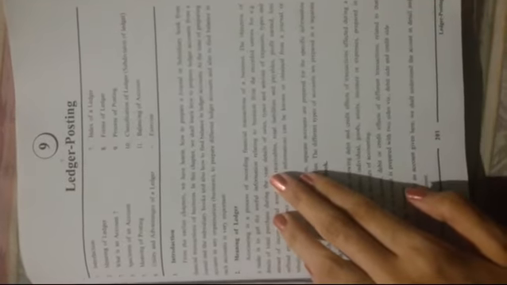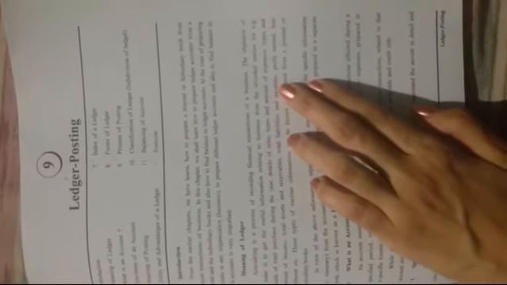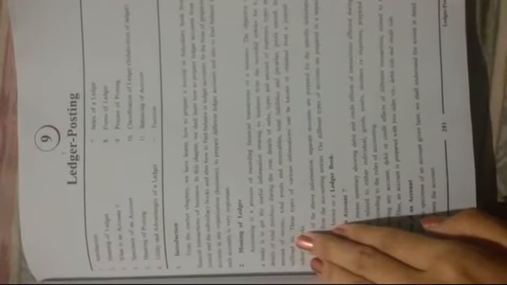For example, details of total purchase during the year, details of sales, types and amounts of expenses, types and amounts of income, total assets and receivables, total liabilities and payables, profit earned, loss suffered, etc.